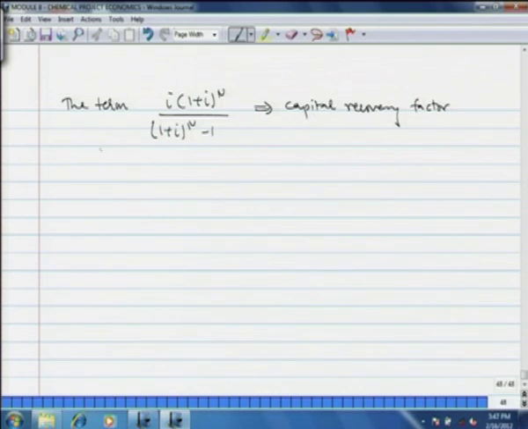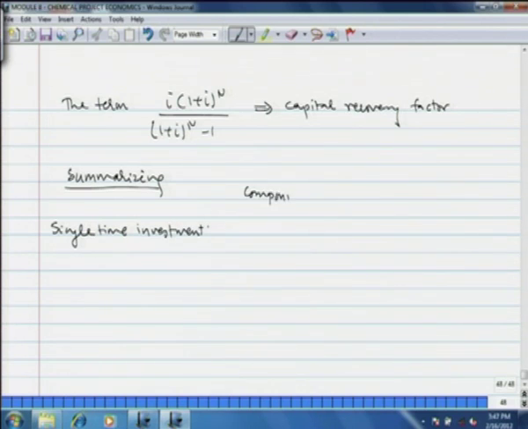So, we can summarize the lecture today. We have learned the time value of money, the interest, the compounding, discounting, loan repayment. So, for single time investment, compounding factor is (1 plus i) to the power n.